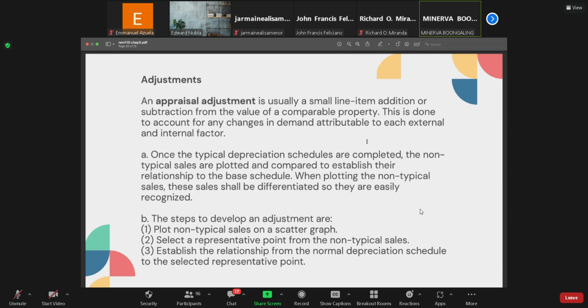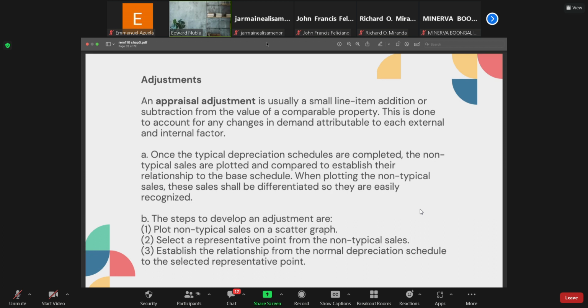So sa LGU nagmamatter po yun. So definitely within the government, iba yun kasi the provincial assessor and the city assessor, sila nga yung end all and be all of the assessment of properties.